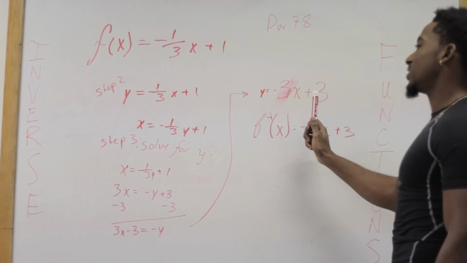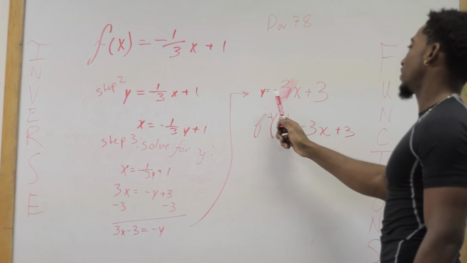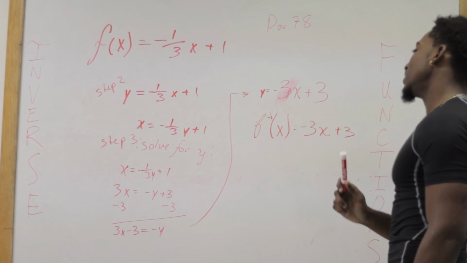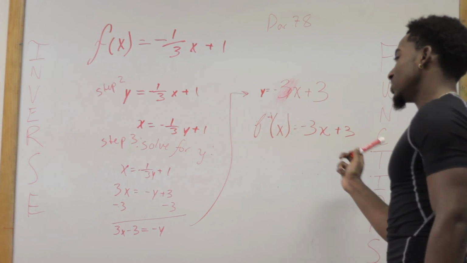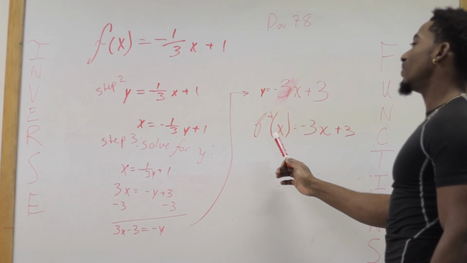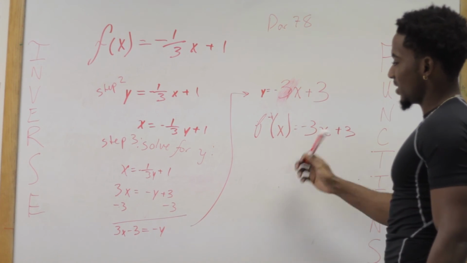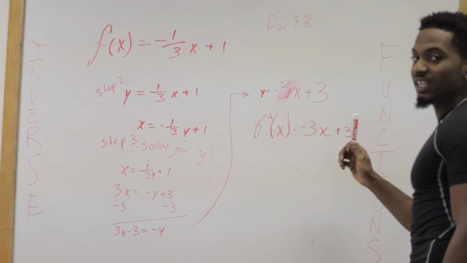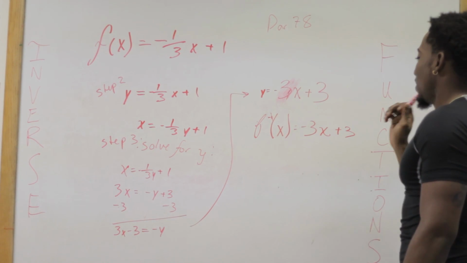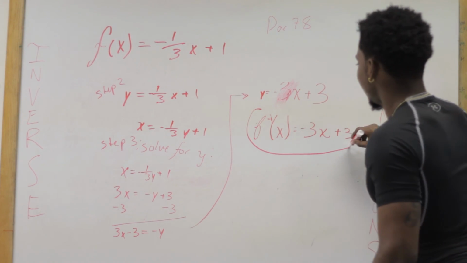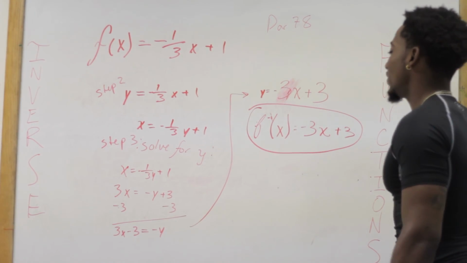Bring the y to the outside to get rid of the negative. So then you rewrite it as y equals negative 3x plus 3. Then you substitute in your inverse notation, which is f inverse of x equals negative 3x plus 3. And this right here is your inverse function.